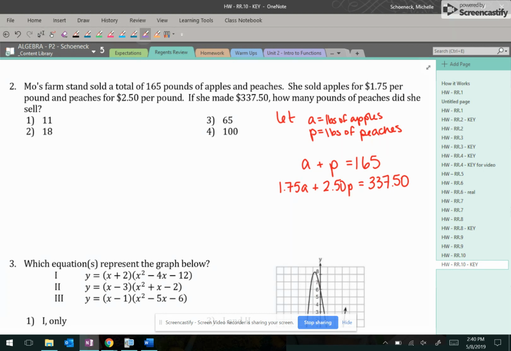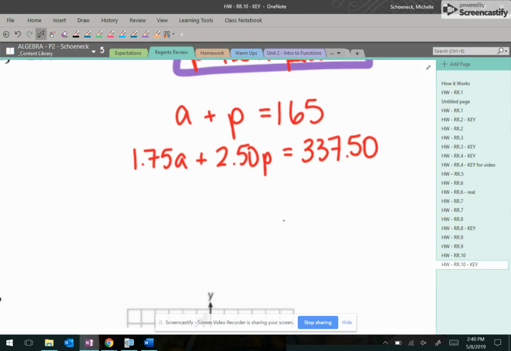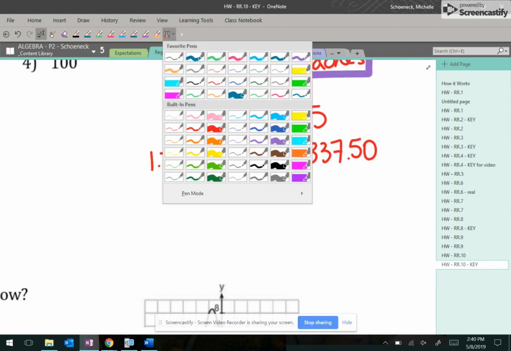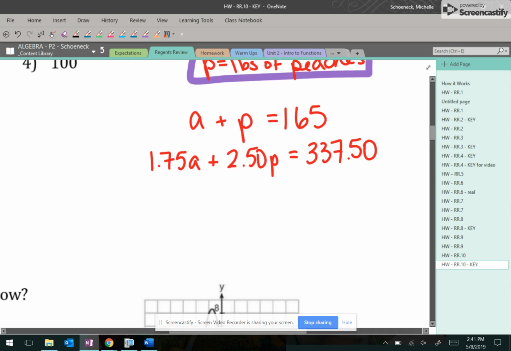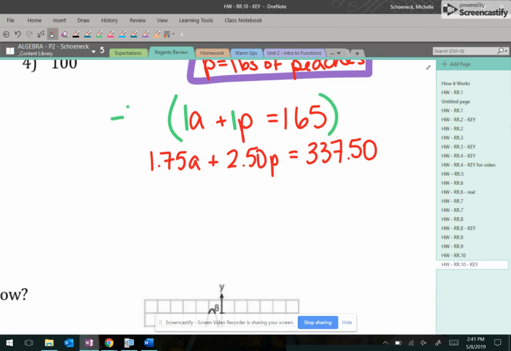We are looking not for both, but just for pounds of peaches. I'm going to be strategic about this, and let's eliminate the apples so that we don't have to do a bajillion steps here. If I want to eliminate the apples, remember that those are 1 and 1, I would have to multiply this equation by negative 1.75.